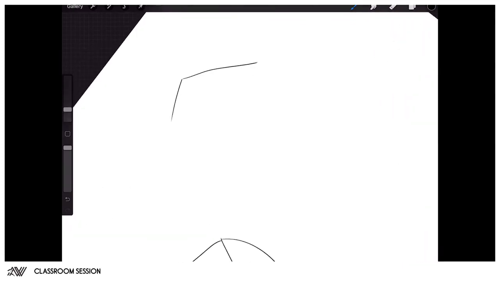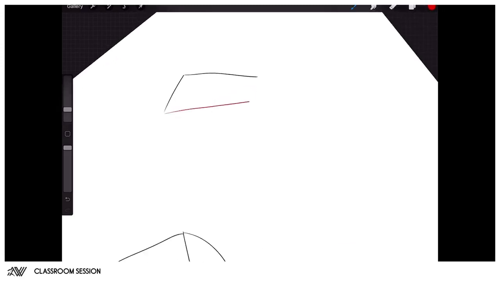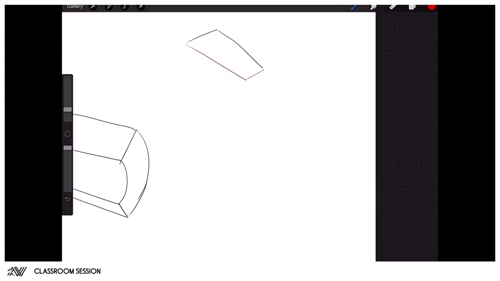So a good thing I find, especially with twisting boxes, is that you think about, and I'm going to draw through the form for now, let's do that in red, the top plane and the bottom plane of where that box will end. So this is my top plane, and then maybe my bottom plane will look like this.